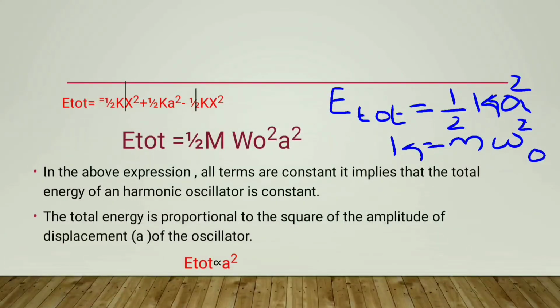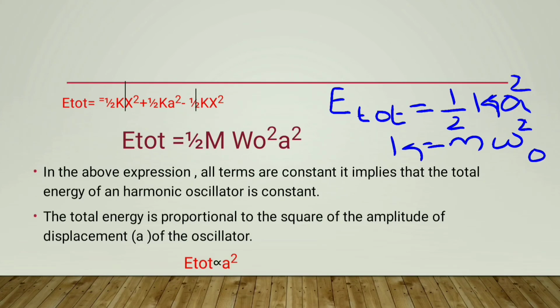Here we can see that mass is a constant, omega 0 square is a constant, and amplitude is also a constant. It implies that the total energy of a harmonic oscillator is a constant. Even though the potential energy and the kinetic energy vary with respect to time, when you add up both, the total energy of the oscillator is a constant.